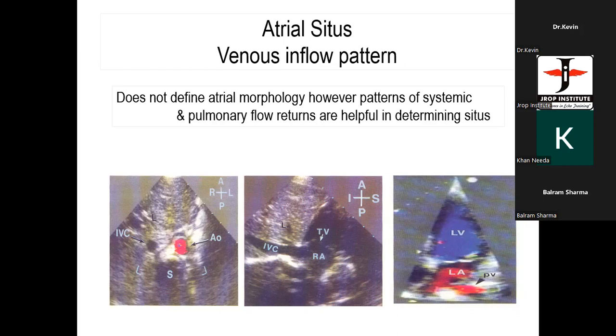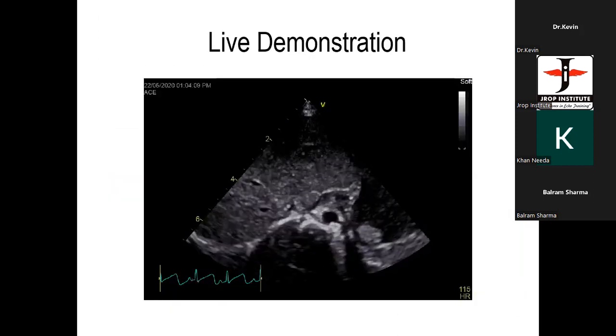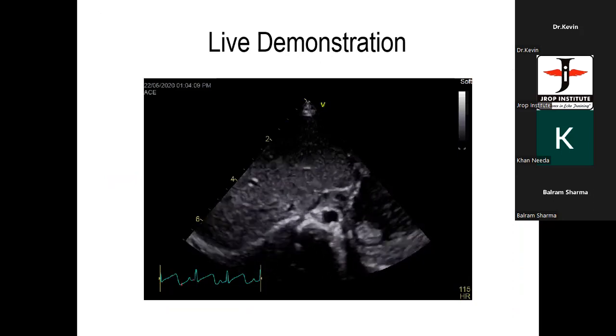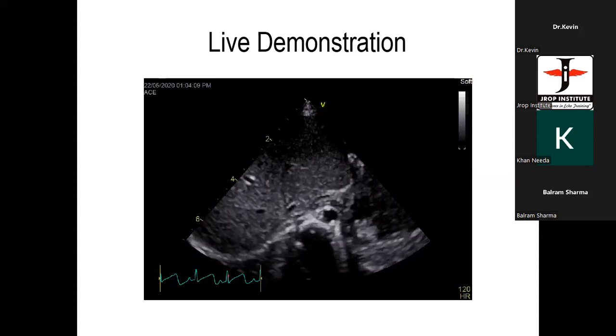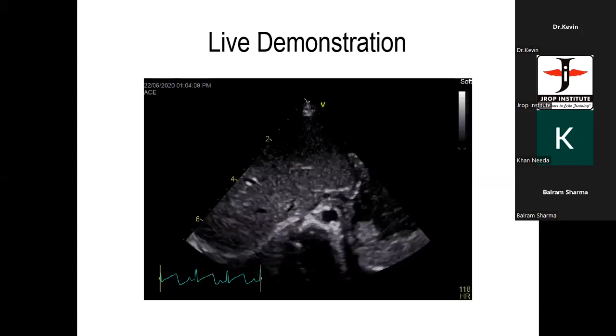Now let's see the second thing. When the gradient is only 50, where does the rest of the gradient go? It manifests as elevated pulmonary artery pressure. So that 50 is reflected as the TR gradient, with the peak pulmonary artery pressure of 50 millimeters of mercury.